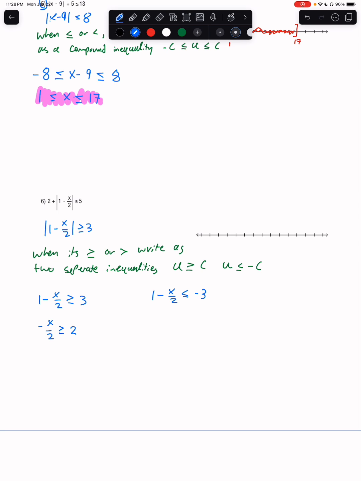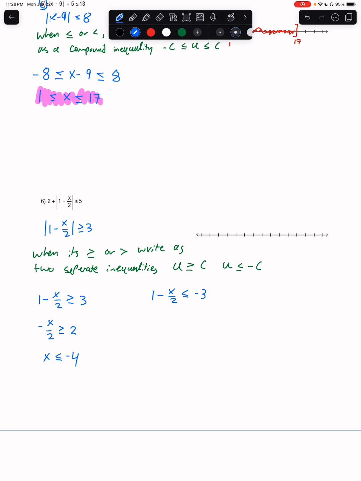Then we'll multiply by negative 2. And when you multiply or divide by a negative, you're going to want to make sure you flip the sign over to the other side. So it ends up like this.